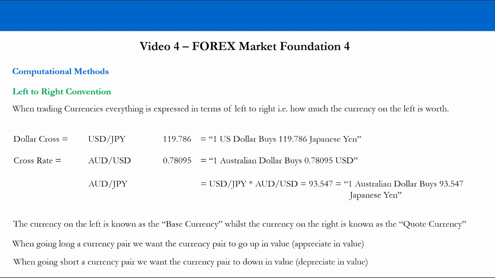And if we want to actually work out a cross rate from dollar crosses, we can take, for example, the Aussie dollar US dollar, which is currently trading at spot 0.78095, which basically says $1 Australian buys 0.78095 US dollars. We can take this and the US dollar Japanese yen rate, and we can work out what the Aussie dollar Japanese yen cross rate is from these two numbers.